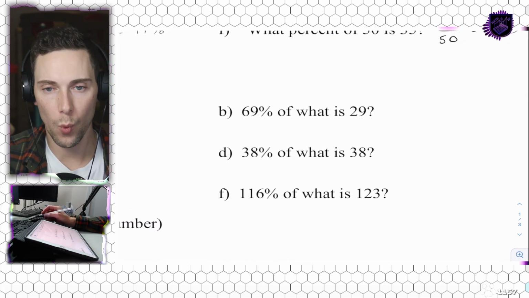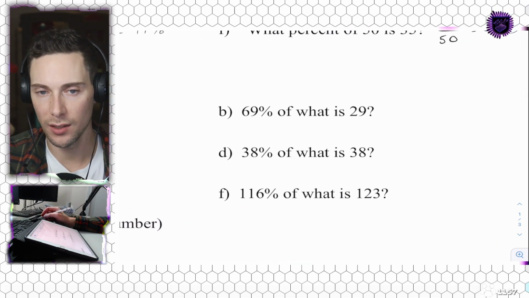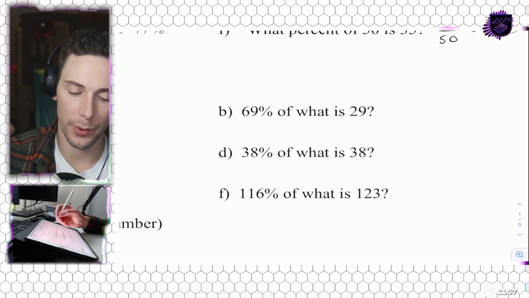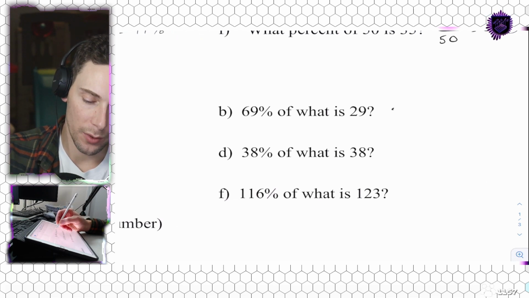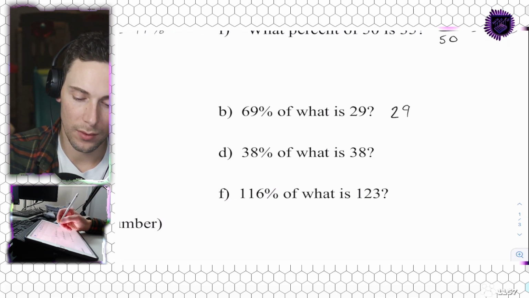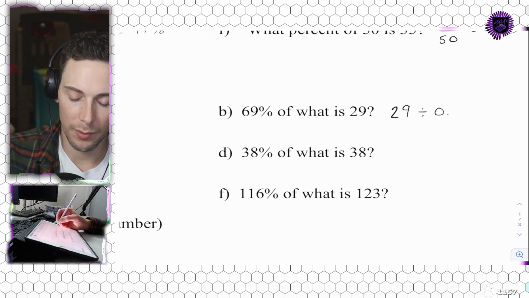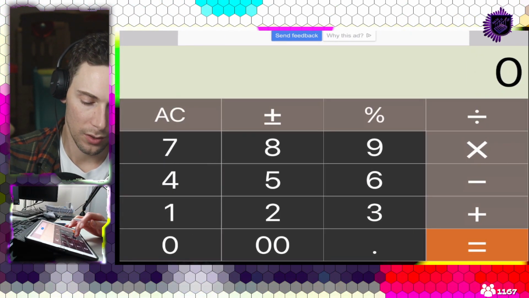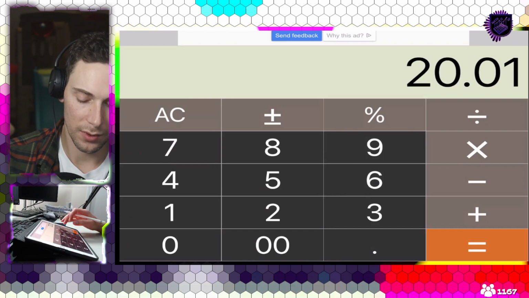69% of what is 29? 69% of a number is 29. We don't need to find what that number is. So again, we're going to go 29 divided by the percentage form of 69. 29 times 0.69 equals 20.